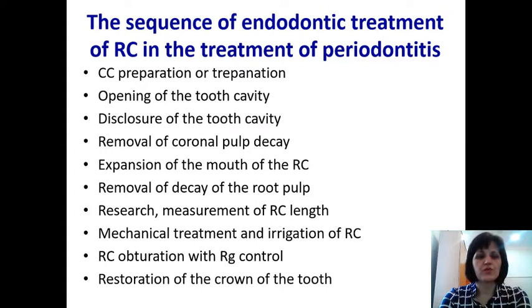Next, also disclosure of the root canal cavity, and further we can see a difference. The next stage is removal of coronal pulp decay instead of amputation during pulpitis. It's a difference. Removal of coronal pulp decay, not pulp, just decay, because of periodontitis.